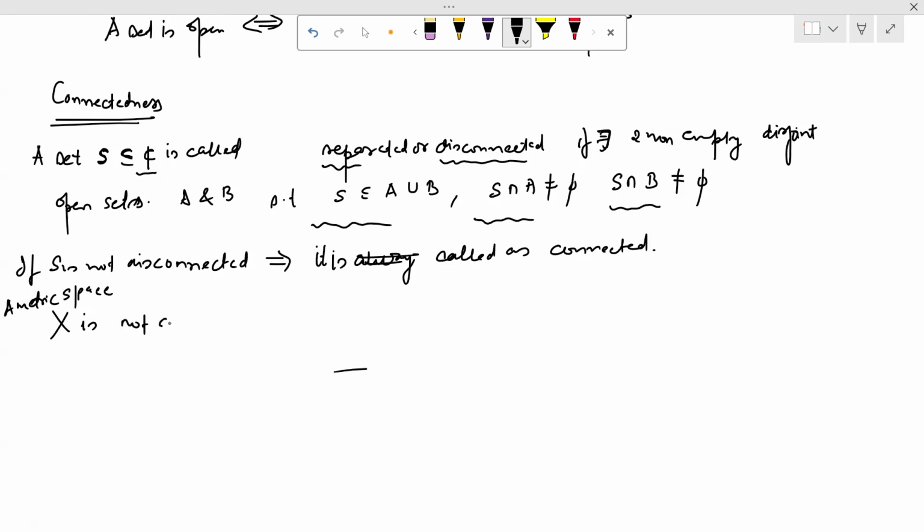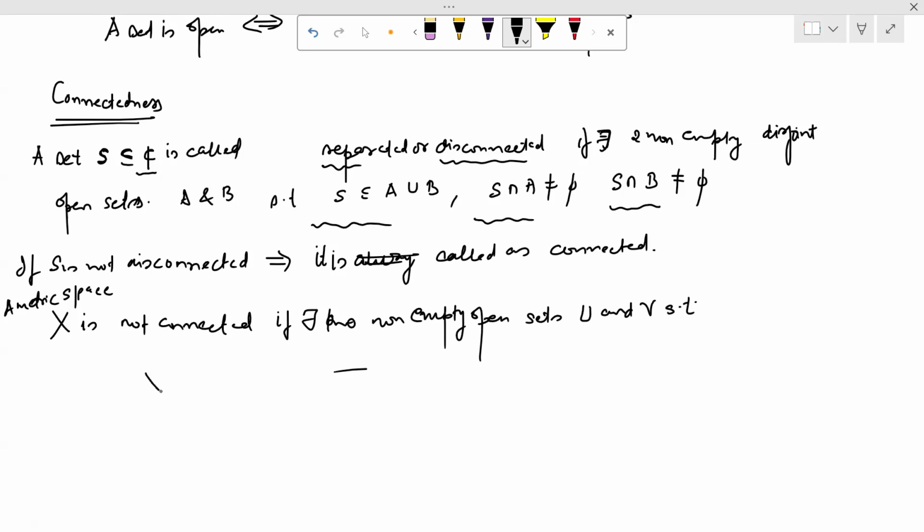Is said to be not connected. Sorry, again, the problem is the same. A metric space X is said to be not connected if there exist two non-empty open sets U and V such that X is equal to U union V and U intersection V is equal to empty set.